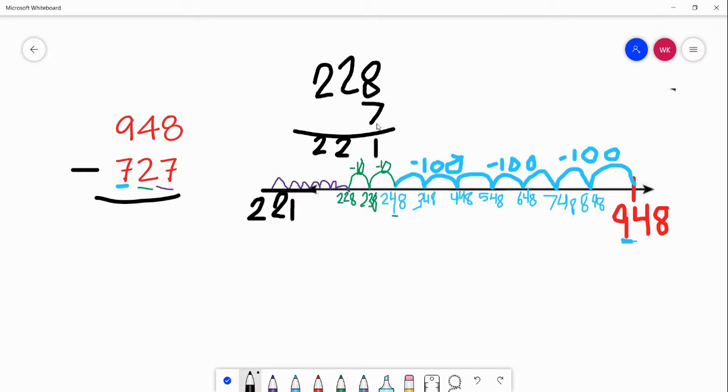Because 8 minus 7 equals 1, and you carry down those 2's. Or you could have written out all of these numbers. You could have counted all these numbers. Remember, these were subtracting of 1.